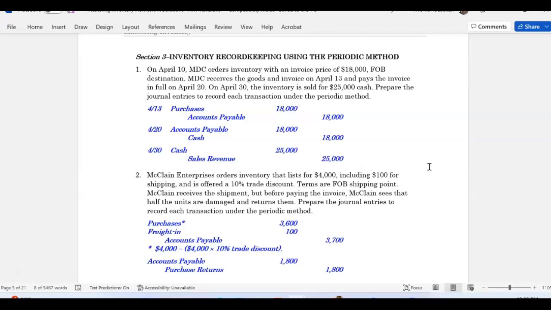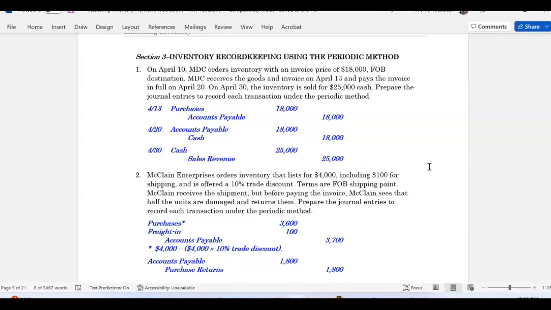So periodic method means periodically, that means at the end of the accounting period, you need to figure out what is the ending inventory, and using that information, calculate your cost of goods sold, and then recognize it, and then update your inventory. So the inventory T account is never updated under the periodic method. It still shows what was last December.